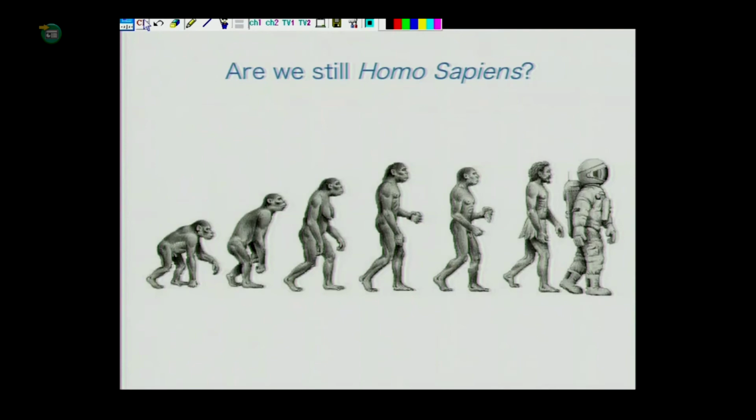Our group thinks we are still Homo sapiens, and I heard a word called Homo sapiens sapiens. That is a subspecies used to distinguish anatomically and behaviorally modern humans, which we are, from our archaic human ancestors.